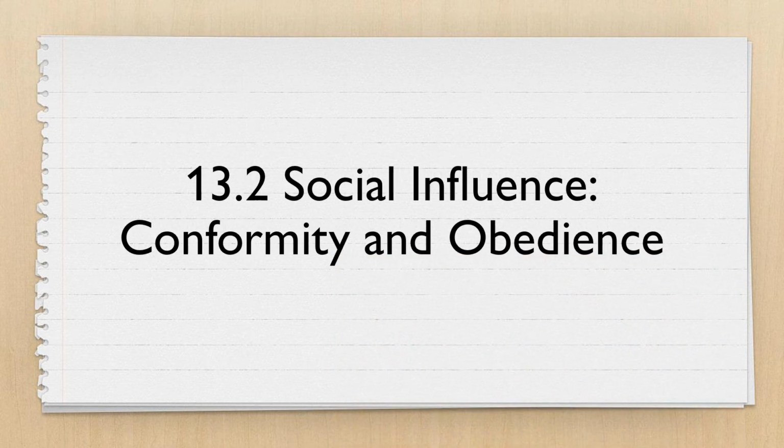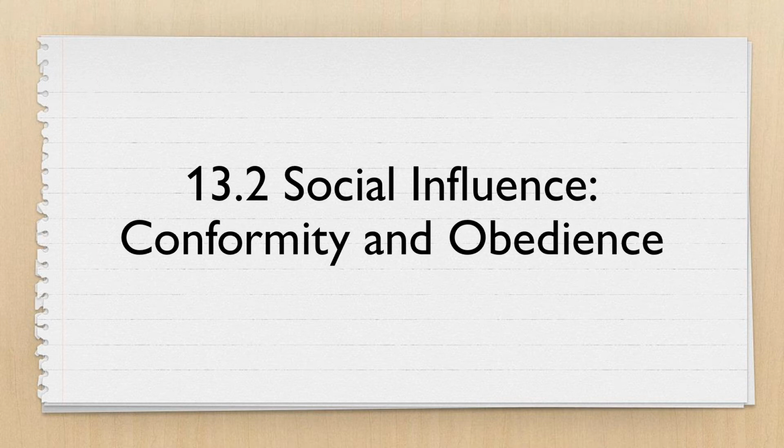Okay, so now we know a little about how we understand our behavior and the behavior of other people. Let's talk a little bit about how others influence us. So, social influence is the process by which others influence our behavior. There are two sources of social influence: the influence of the general others and the influence of leaders.